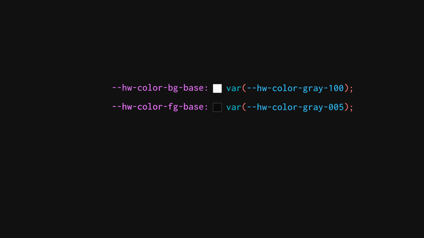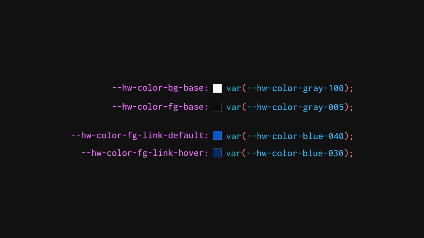For interactive components such as links, we want to specify which state the variable is for. We will probably have a default link color and a hover link color. Some components have multiple variants, and we need to specify if it is the primary, secondary, or some other type of variant. Just remember that in variable naming, we go from most general, the design system name, to most specific.